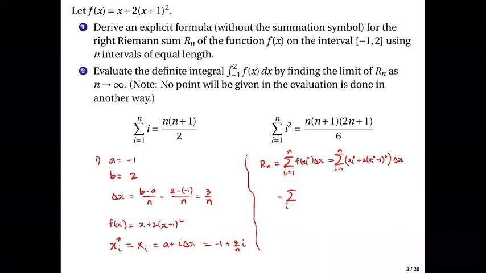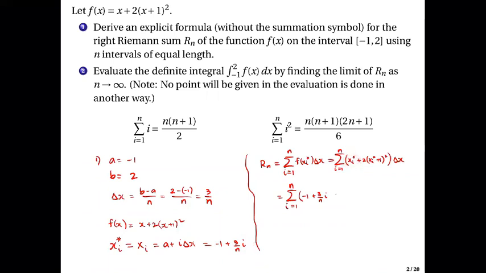So we have sum i from 1 up to n. x sub i star is this guy here, so we will have quantity -1 plus 3 over n times i, so that's for this x sub i star here.